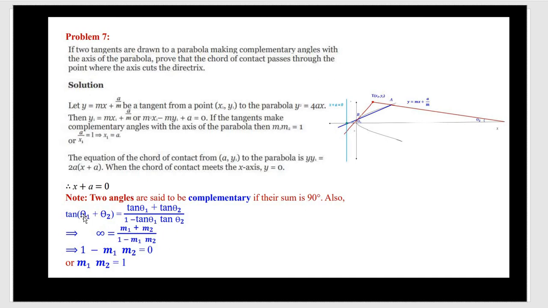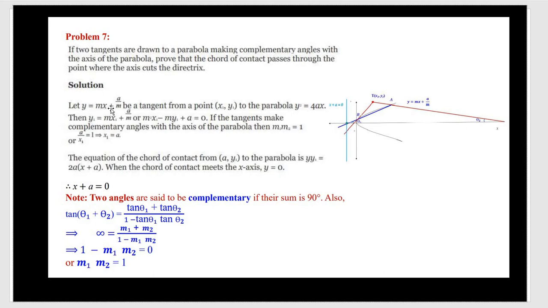With θ1 plus θ2 being 90 degrees, tan is infinity, so we have to have 1 minus m1 m2 to be 0, or in other words m1 m2 should be equal to 1. Keeping this in our mind, we will proceed with the problem.